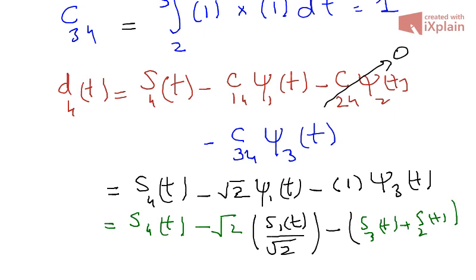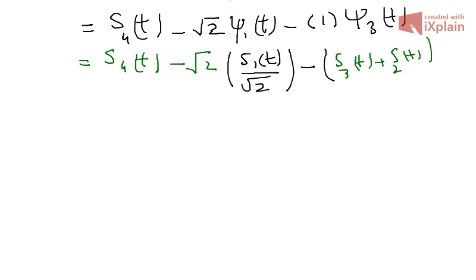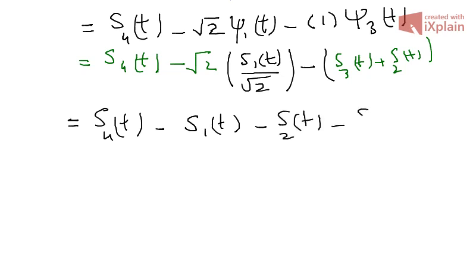So what you get is a signal S4 of t minus S1 of t minus S2 of t minus S3 of t. So basically you are subtracting these three signals from S4 of t.